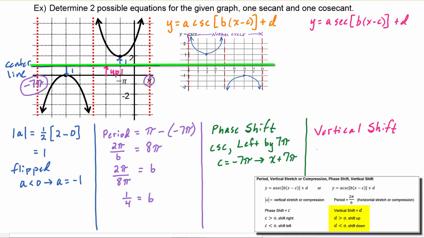So then that means the vertical shift is up 1, which tells us that d has to equal positive 1.